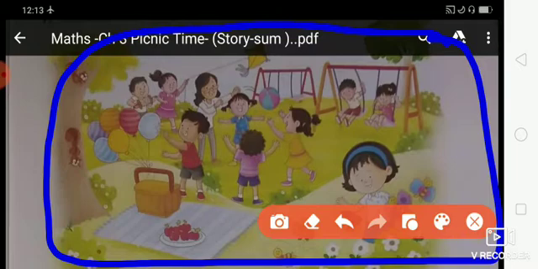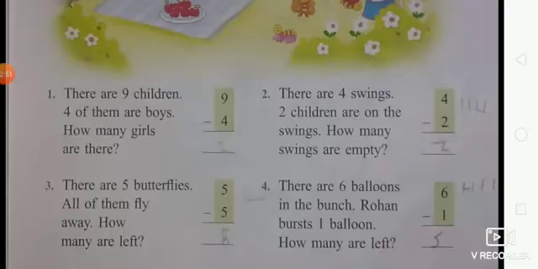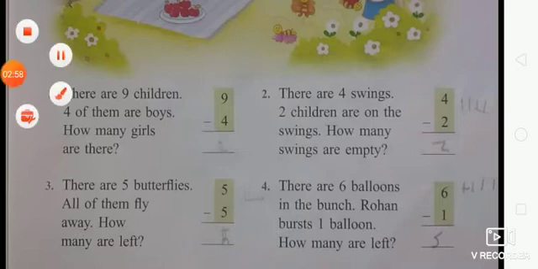You have many balloons, kites, balls, swimming, butterflies, running and so on to play with. Many types of objects, all the children. Okay, so come to the story sums related to picnic time.